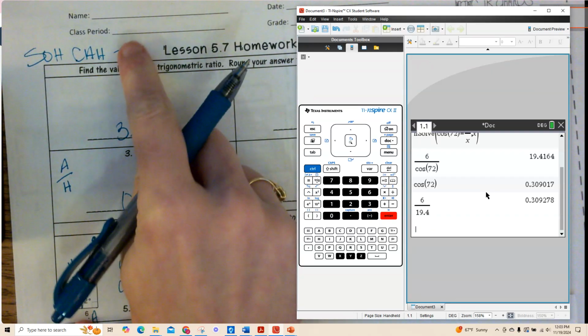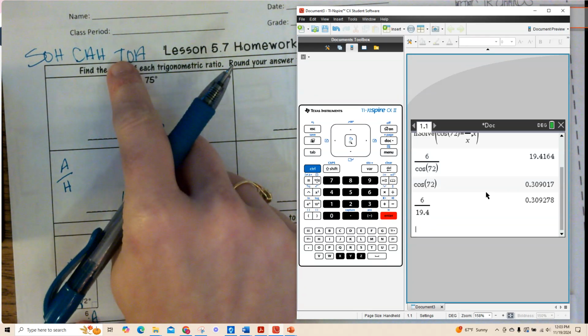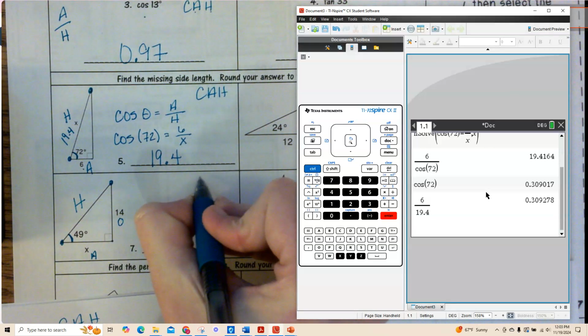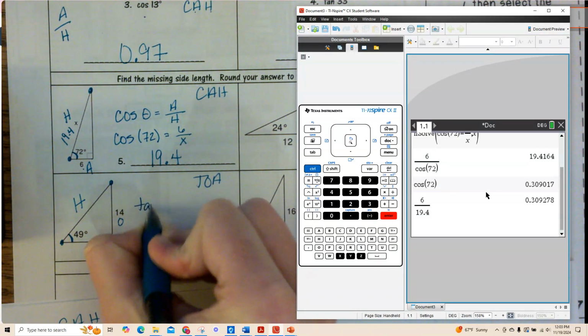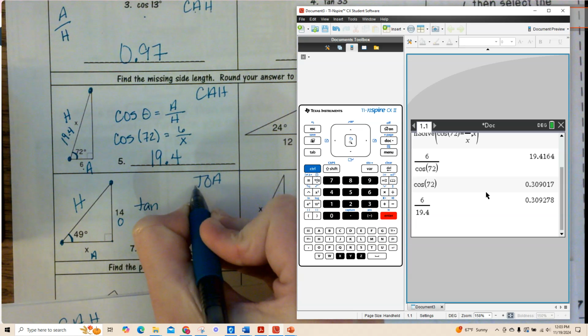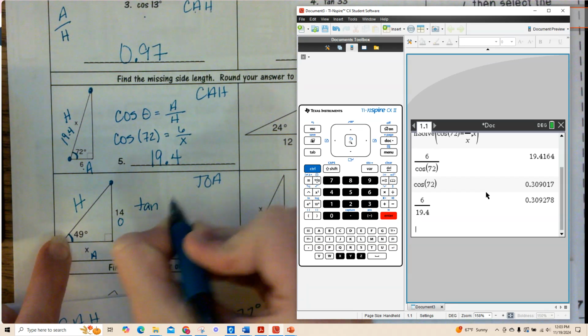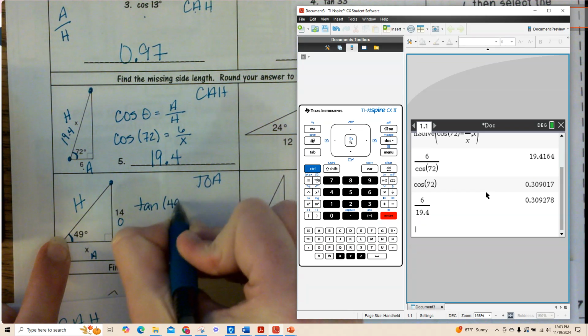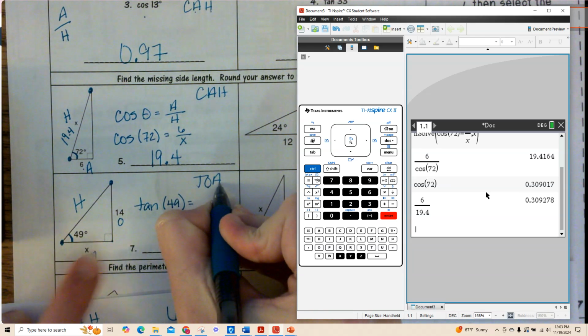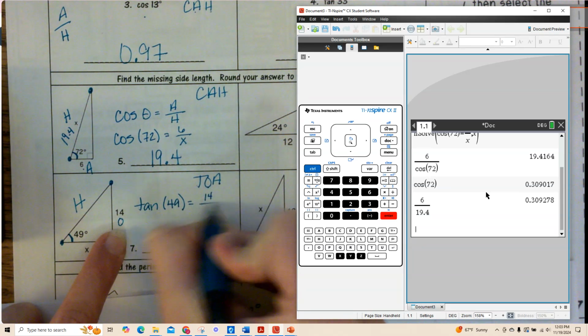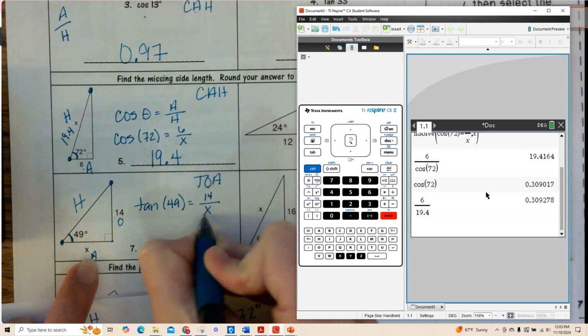Okay, so our little mnemonic phrase, opposite and adjacent, that's tangent. So, I know which ratio I'm using, tangent. Use the angle measure, 49 degrees, and then opposite over adjacent. Opposite is 14, adjacent is x.